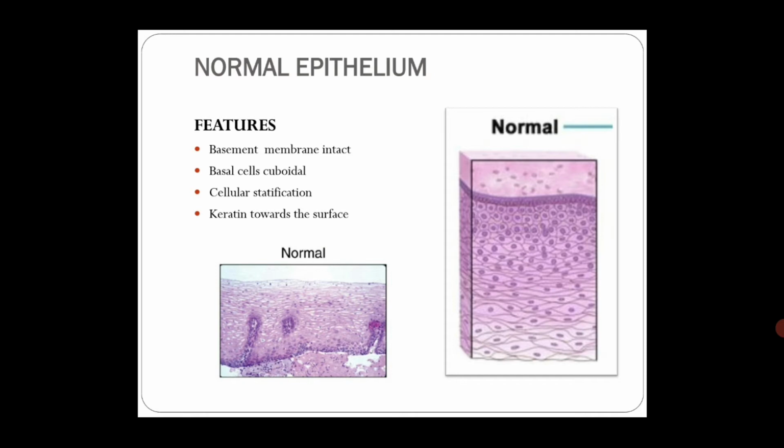Then as you move towards the surface, the cells will go on flattening, which means the basal cells will be slightly cuboidal in shape and the topmost cells will be flattened. This is what we call cellular stratification. This is the feature of a normal epithelium. And then of course the keratin will always be towards the surface. These are the features of a normal epithelium.